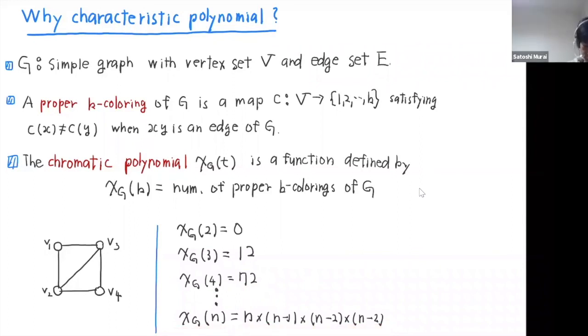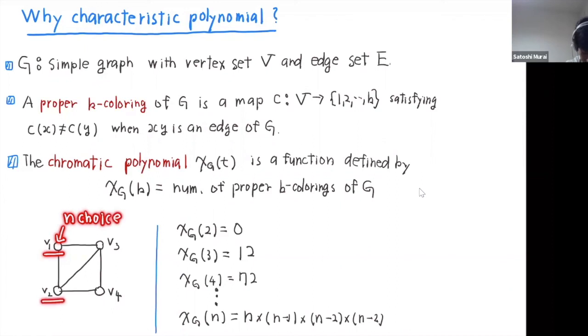This can be computed as follows. First, if we want to color the vertex V1, then you have n choices of colors.